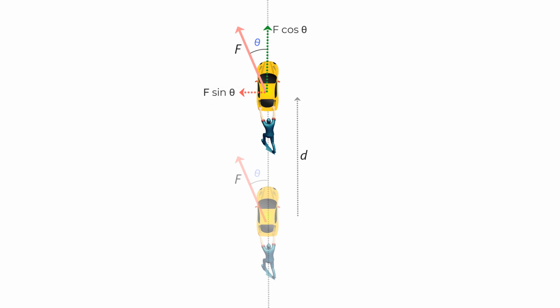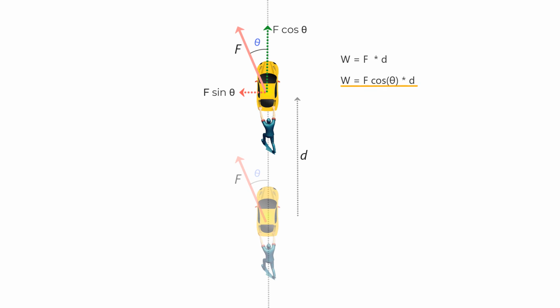However, we can see that there is displacement in this direction, and we can say that the work done by this component can be given as W is equal to force times displacement, or F cos theta times D.